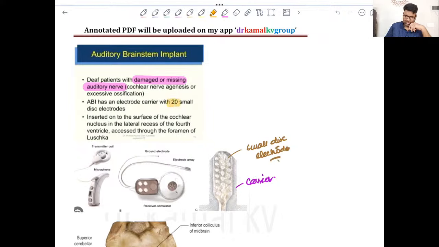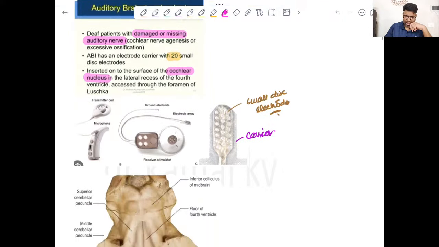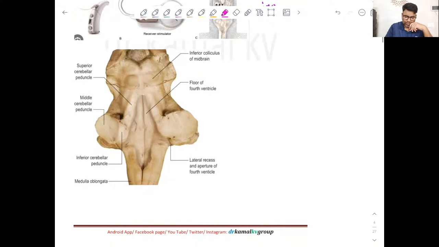So you can have these disc electrodes, and these are kept near to the cochlear nucleus, and the usual site of placement is through the lateral recess of the fourth ventricle. So this is the lateral recess here.